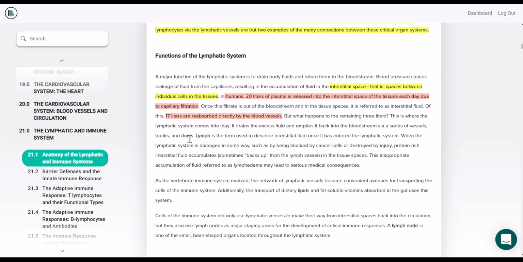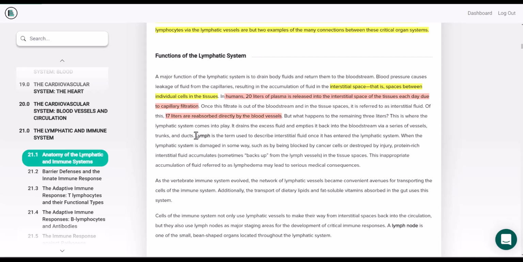They're all part of this lymphatic network. Recall too that in diagrams, more often than not, lymphatic vessels are shown in green color. So if you see what looks like green blood vessels, those are not blood vessels, those are lymphatic vessels.